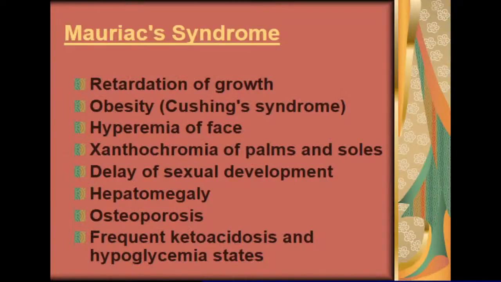Clinical signs: retardation of growth, obesity, this obesity as in Cushing syndrome, hyperemia of face, xanthochromia of palms and soles, delay of sexual development, menses absent, hepatomegaly, osteoporosis, frequent ketoacidosis and hypoglycemia states.